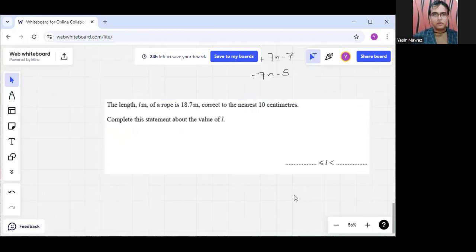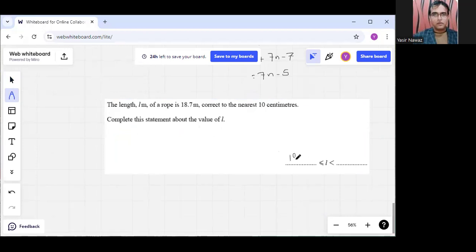Now it says that the length L meters of a rope is 18.7 meters, correct to the nearest 10 centimeters. Complete this statement about the value of L. So you take the nearest value on the left side and the nearest value on the right side. When they are rounded off, the answer would be 18.7.